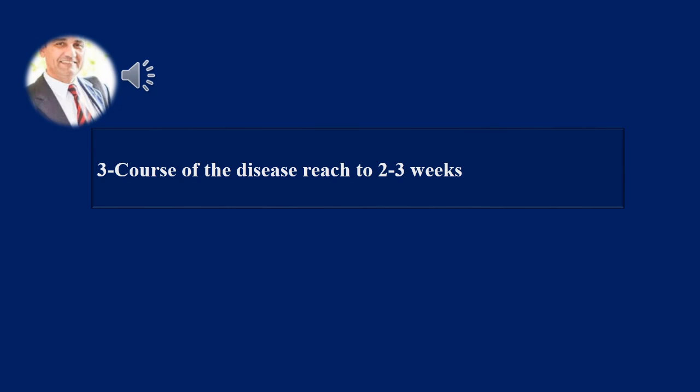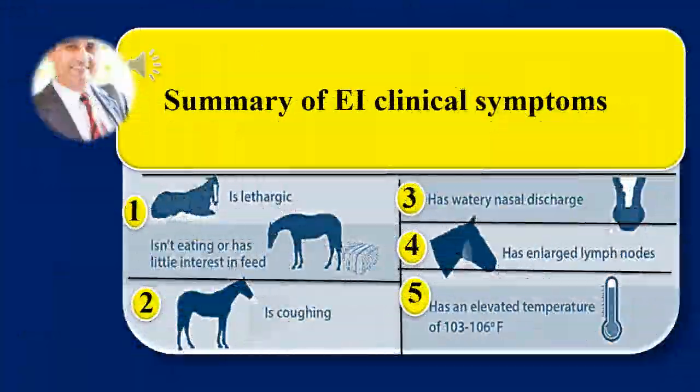The course of equine influenza disease reached 2 to 3 weeks in some animals and reached 6 weeks in weak and untreated ones. This chart summarizes the clinical symptoms of equine influenza.